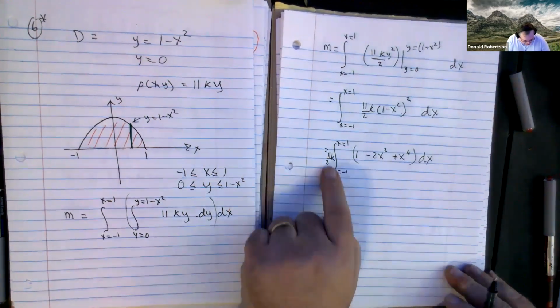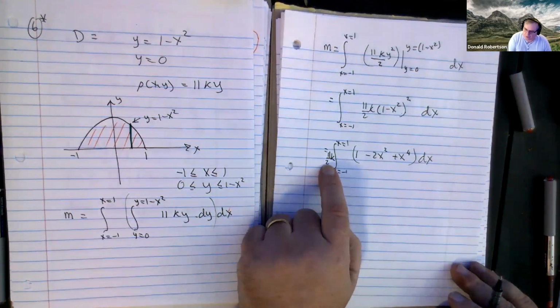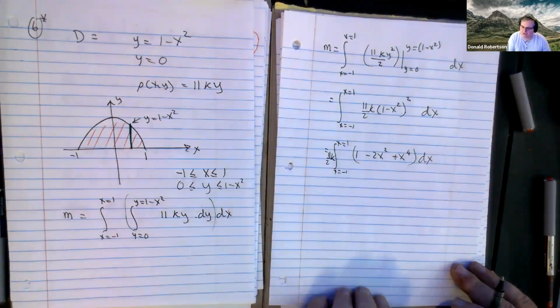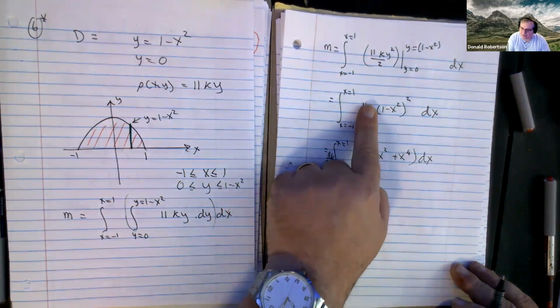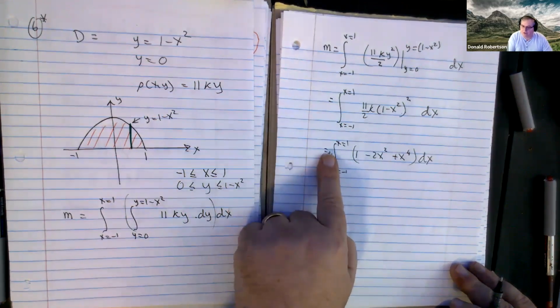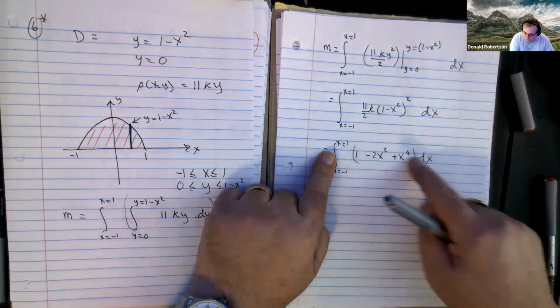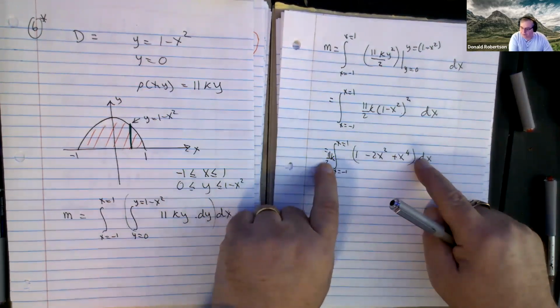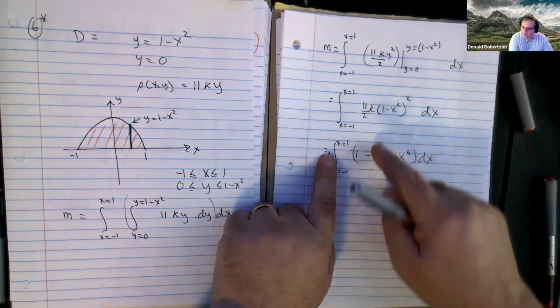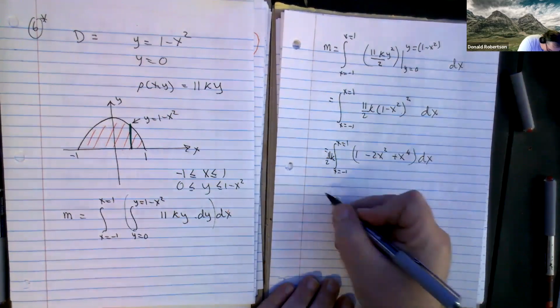And that saves me having to deal with 11k over 2 all over the place. If there is a fixed value, a constant, you're allowed to pick it up and stick it outside the integral. Now that means that once I'm finished with this integral, I still have to remember to multiply it by 11 over 2k. But at least that's not as hard as dealing with it all the way through every calculation.